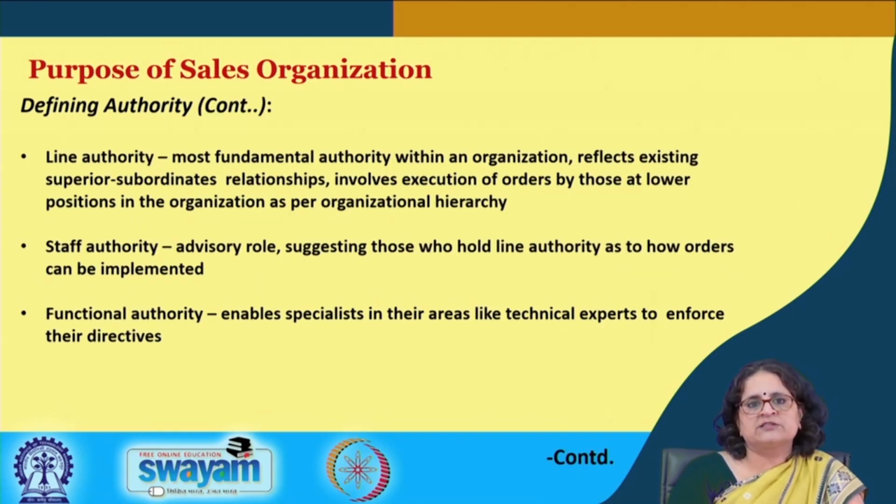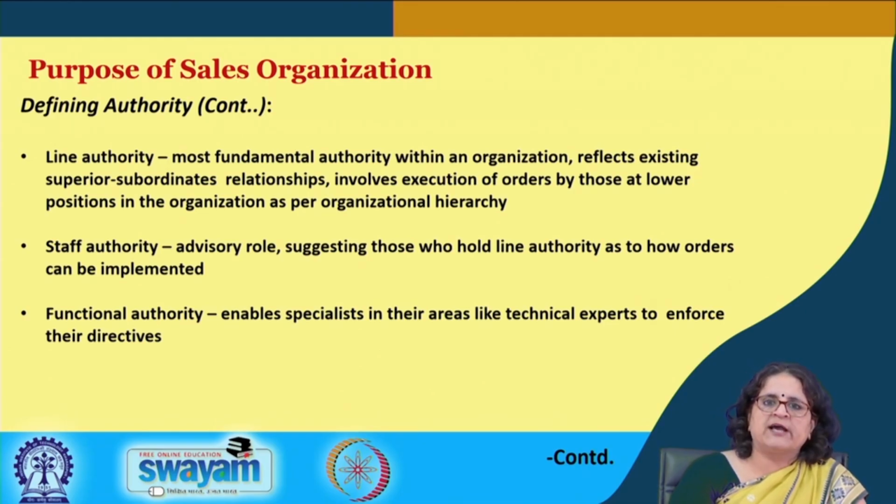Line authority, staff authority and functional authority, we will talk about a little more now. Line authority is the most fundamental authority within an organization, which reflects existing superior-subordinate relationships and involves execution of orders by people in the lower positions as per the organizational structure and hierarchy. So there is a superior and a subordinate, and they are directly involved in achieving the sales objectives.